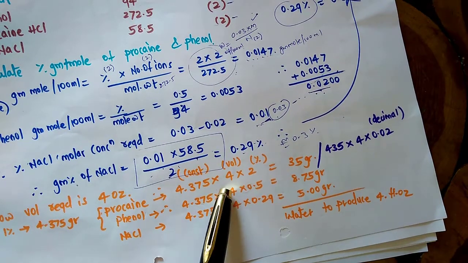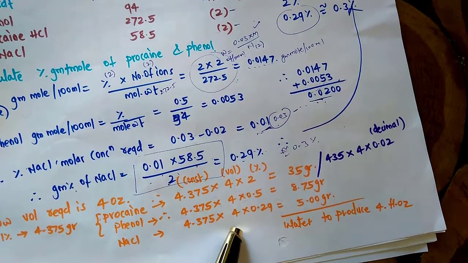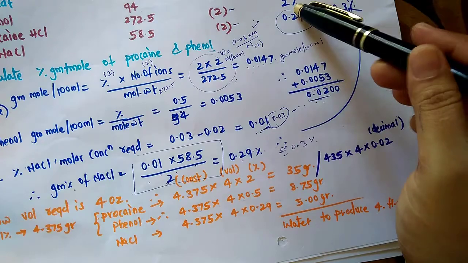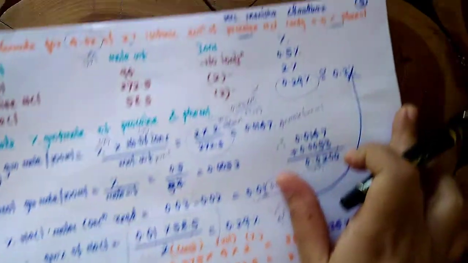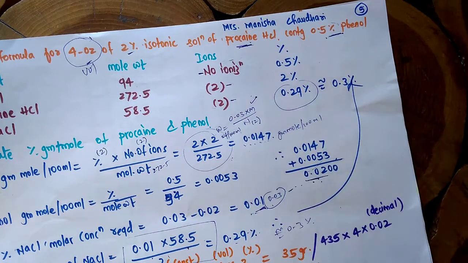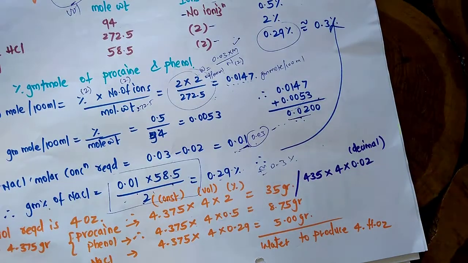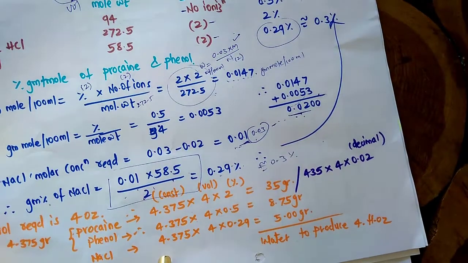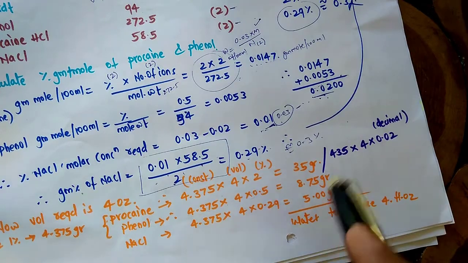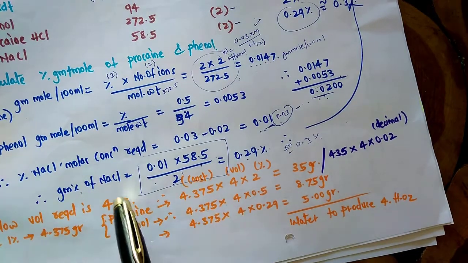What is 4? Volume. The volume will be constant for all because it is 4 OZ. The percentage will differ: 2% for procaine, 0.5% for phenol and 0.3% for NaCl. So for NaCl here, 0.3 into 4 into 4.375, because 1 fluid ounce contains 4.375 grains, and the same for phenol and procaine.